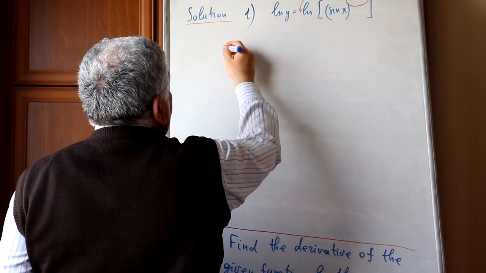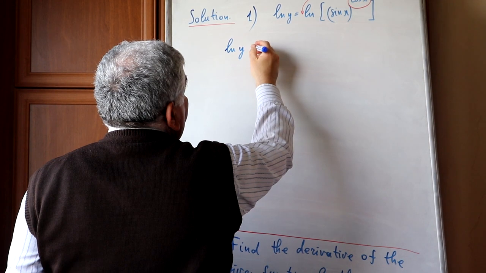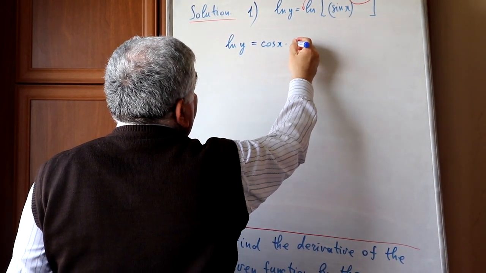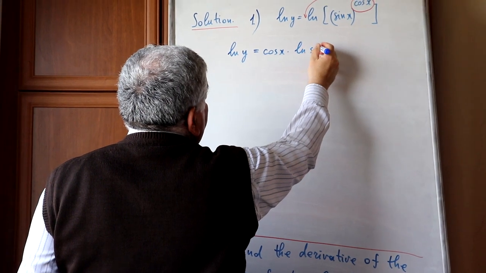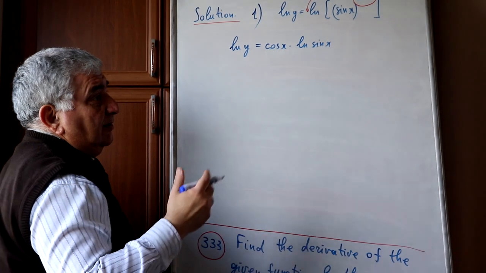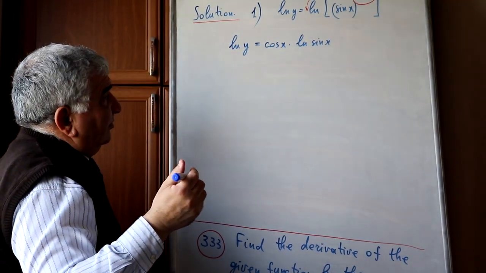Then we have cosine x multiplied by natural logarithm of sine x. Which is the first step. The first step is finding the natural logarithm.